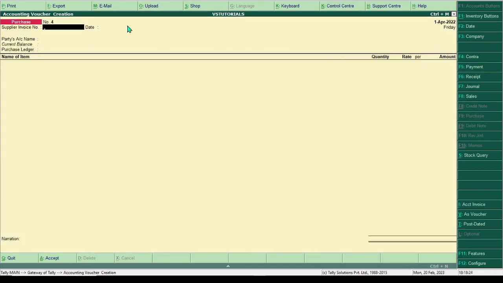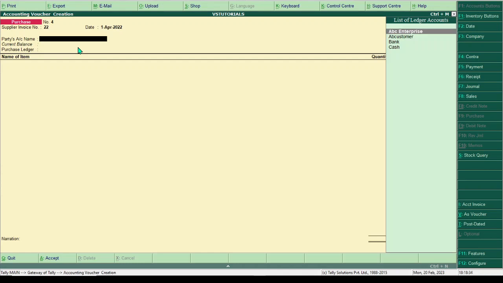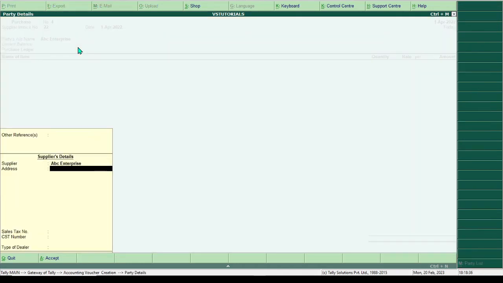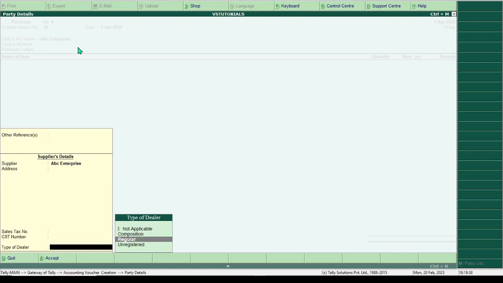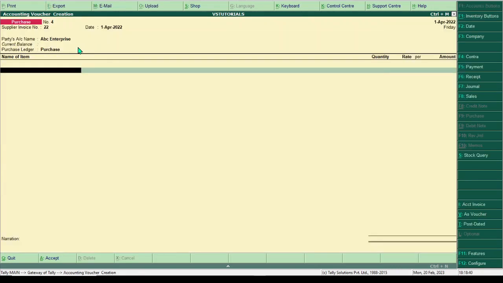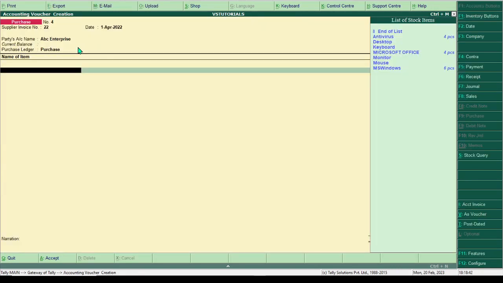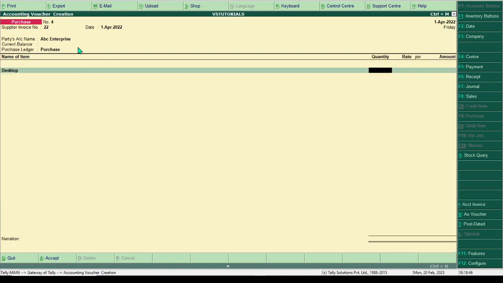Now for purchase we go to our supplier, ABC Enterprise. Purchase ledger. We select desktop. How much quantity?